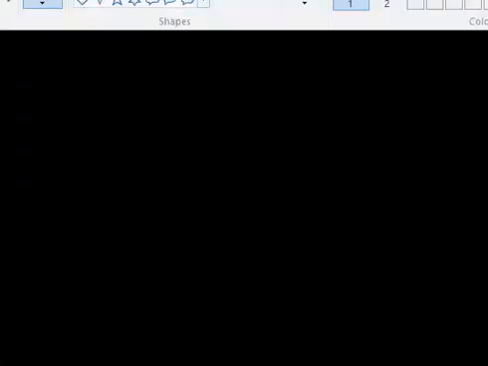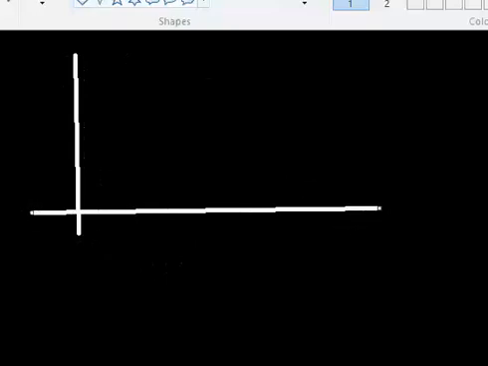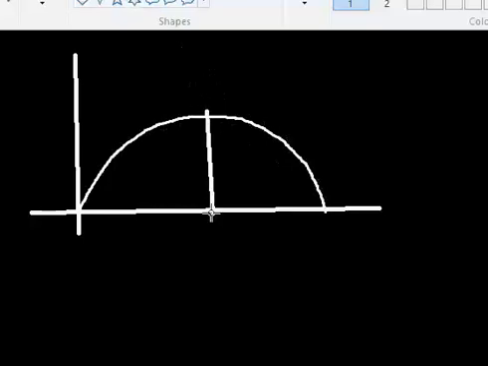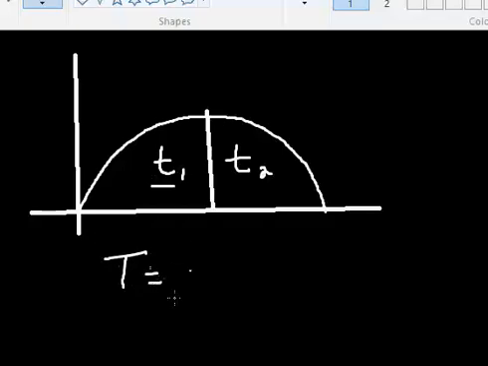But the question says with the help of a diagram. So if I want to use a diagram to show that the time of flight is 2u sine theta over g, it simply means I want to show the examiner that the total time of flight is divided into t1 plus t2, in which each one of them is u sine theta over g.